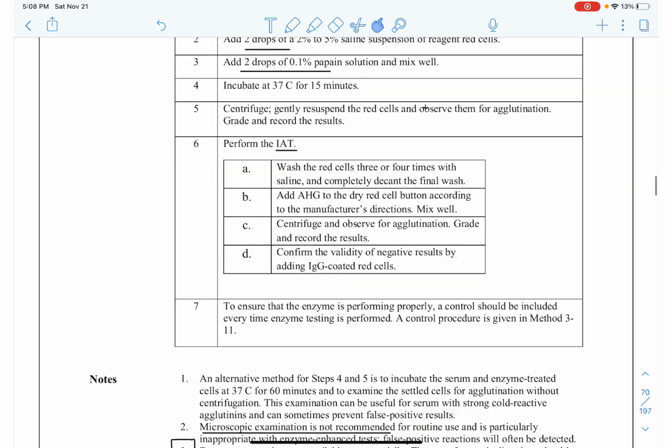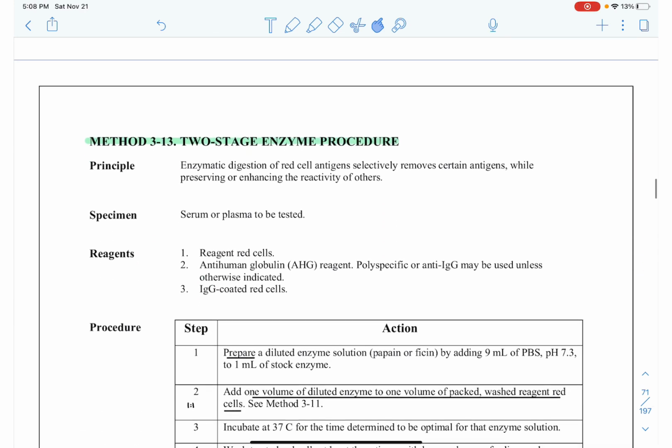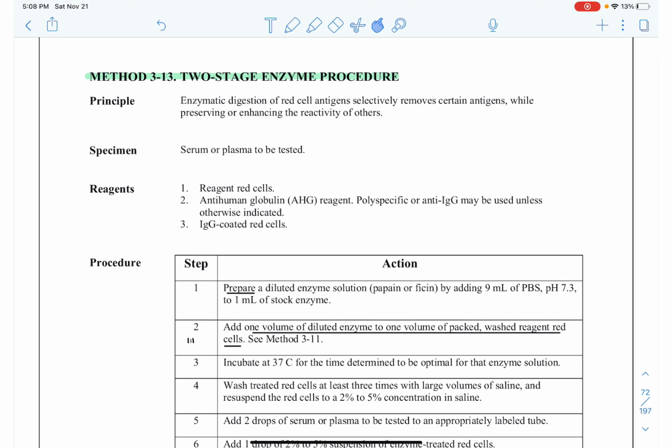Method 2 below here is a 2-stage method, and you guessed it, the principle is the same, but the method takes a bit more time because you have to perform it in 2 different stages. The method is really dependent on the manufacturer's directions. So in this case, understand what 1-stage and 2-stage methods are and how they vary.